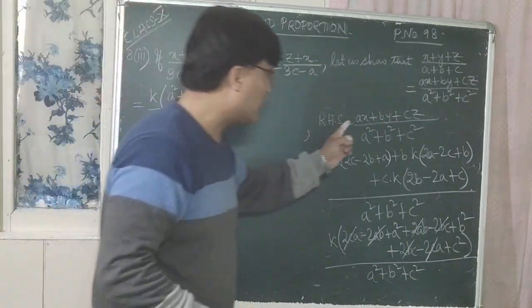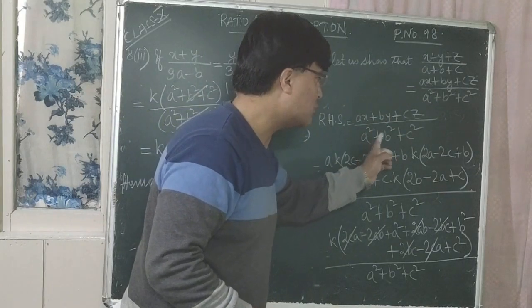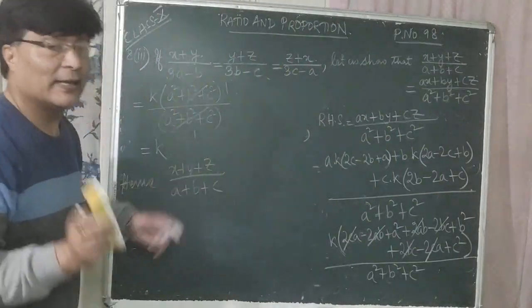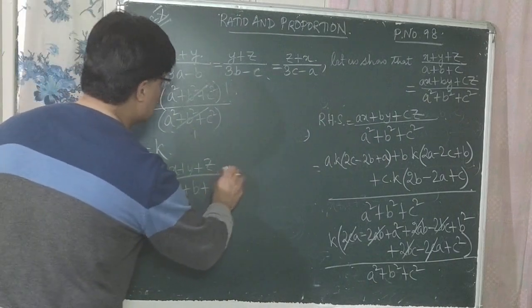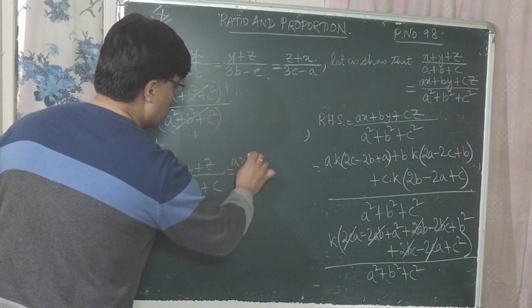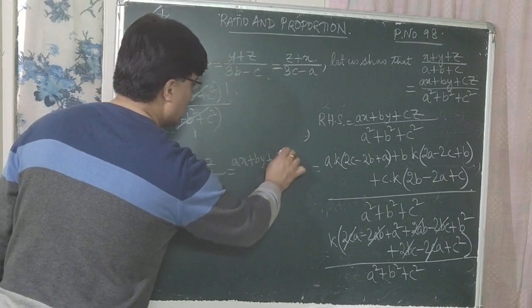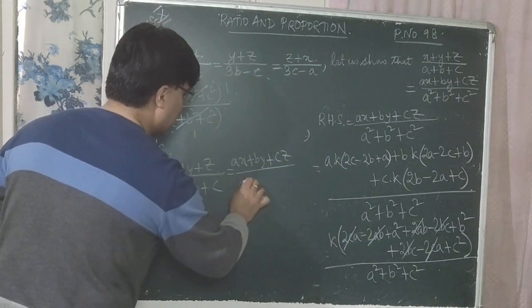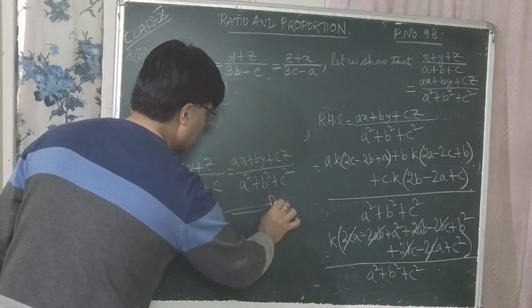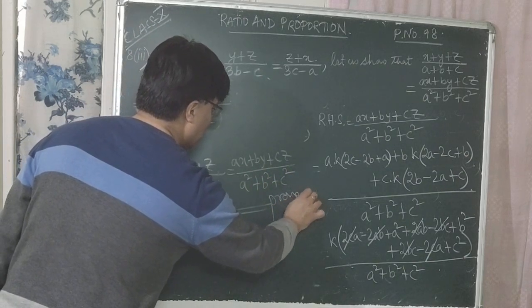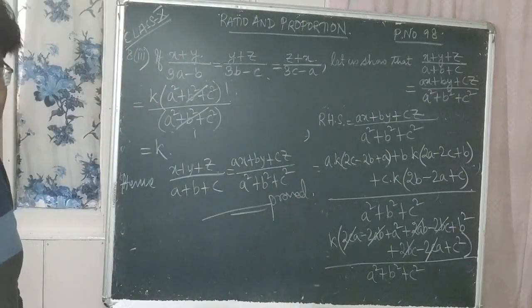Also we got the value for (ax + by + cz)/(a² + b² + c²) is equal to k. That means you can write (x + y + z)/(a + b + c) is equal to (ax + by + cz)/(a² + b² + c²). So it is proved.